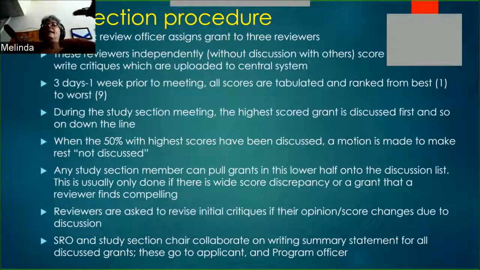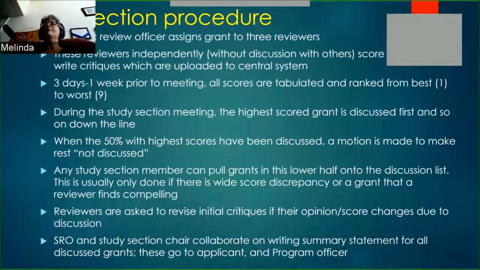At the same time, once a grant has been reviewed and the grants are shut down, in the 3 days prior to the meeting, all the grants and all of the reviews of all the grants are made available to everybody who's sitting on that study section.